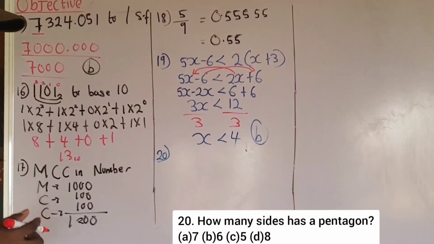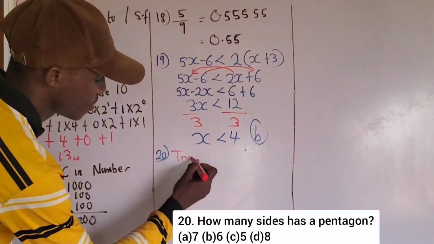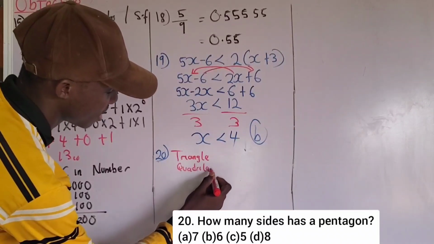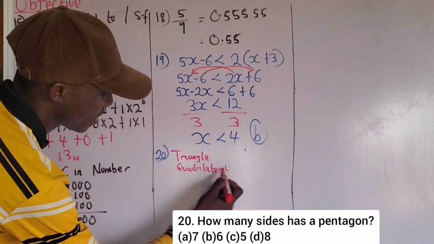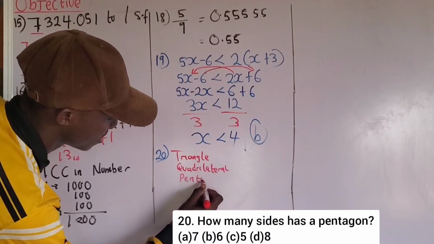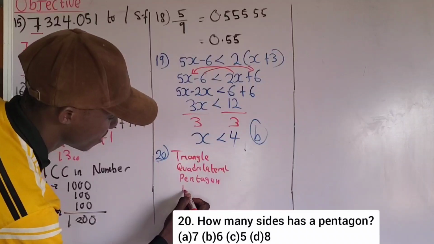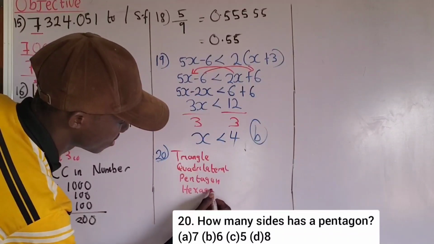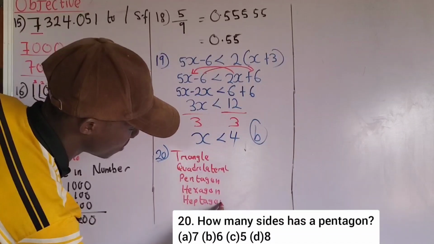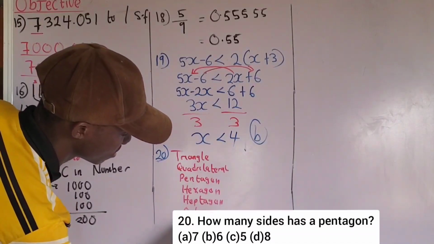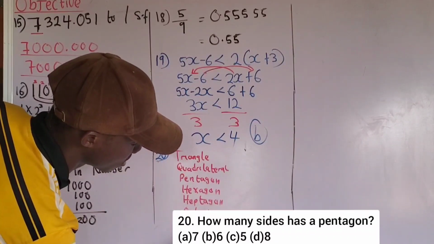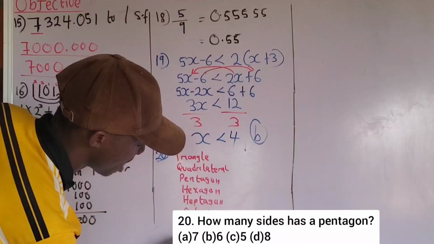Based on sides, polygons are: we have triangle, we have quadrilateral, we have pentagon, we have hexagon, we have heptagon, we have octagon, we have nonagon, and we have decagon.